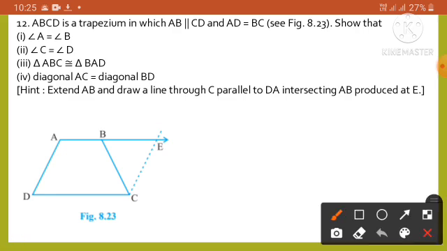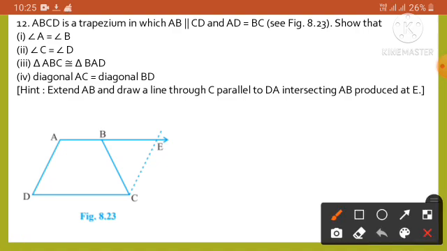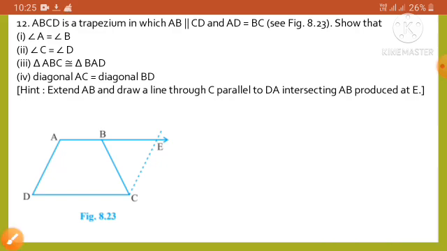Now we are given a trapezium ABCD in which AB parallel to CD and AD equal to BC here. Now produce AB to E and draw CE parallel to AD.